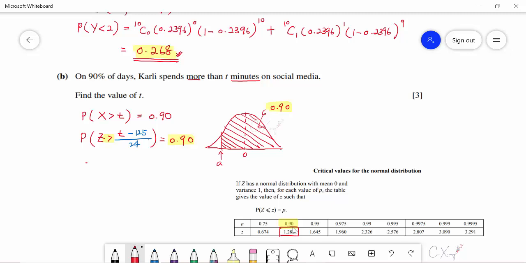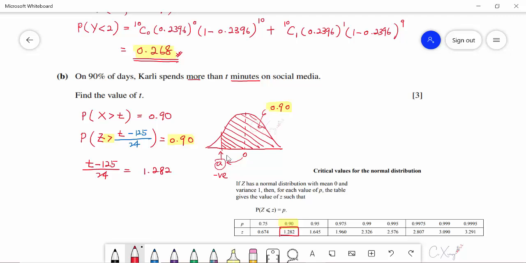Therefore we can write t minus 125 divided by 24 looks like 1.282, but again, you should look at the diagram that you sketched just now. This value of a is on the left hand side of the 0, therefore it should be a negative value.